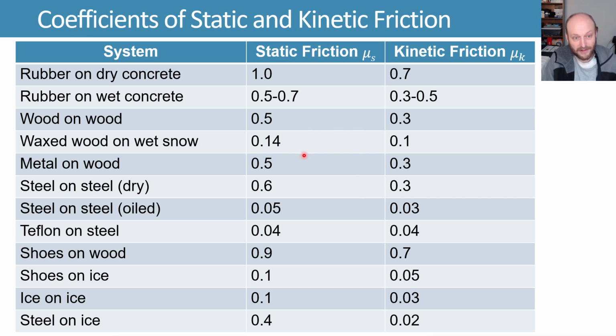So these are all dimensionless because it's a ratio of the frictional force to the normal force. So it can be over 1, and in that case, like aluminum on aluminum, if you try and push the aluminum, you actually need to put in more force to slide the aluminum along the surface than it would take to pick up the aluminum off of the surface.